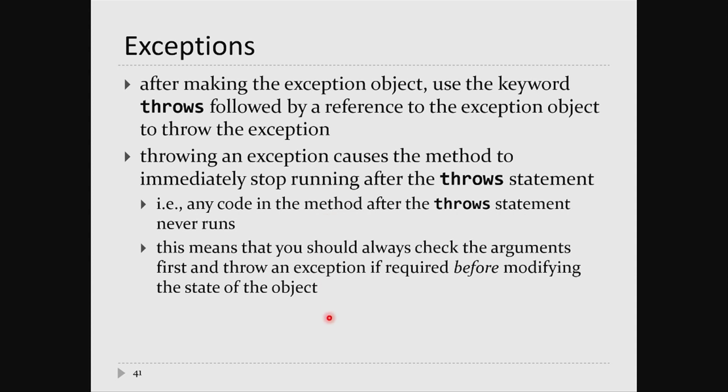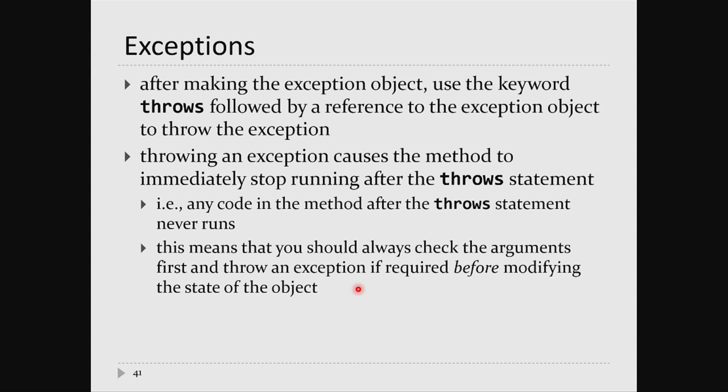What does that mean for your constructors or methods? If your constructor or method should throw an exception because there's an invalid input, then it should throw the exception before it does anything else, especially in a constructor.